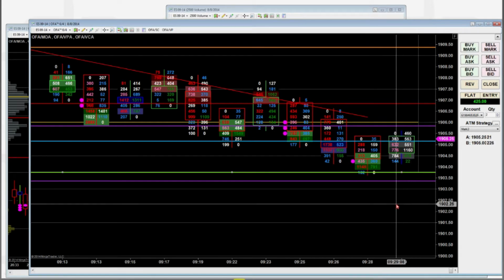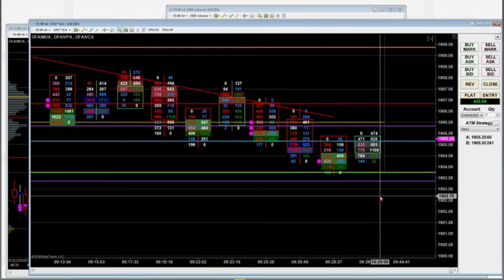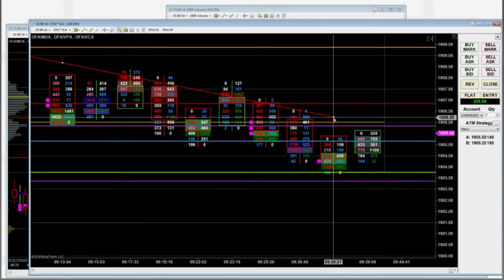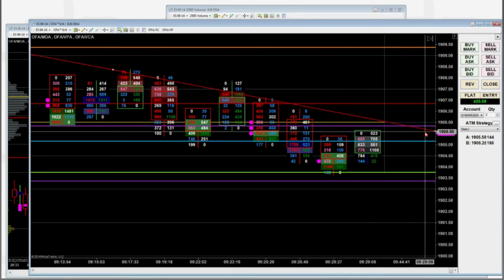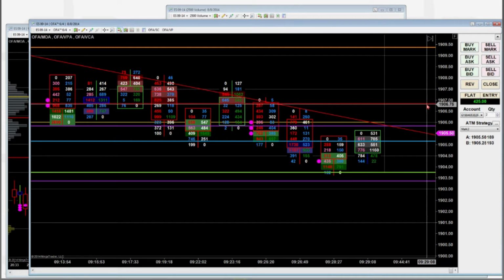Okay, our IB is set. Here's VPOC today, 1906. I suppose I could extend this. I will show you the settings, the other settings in the 6-4 chart.